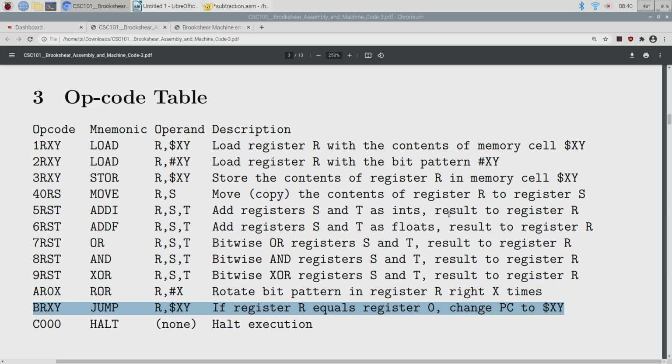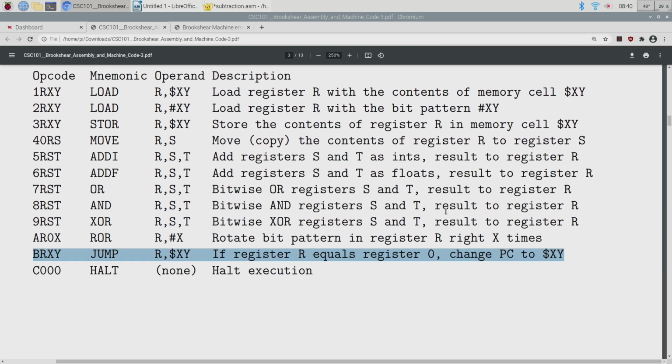This instruction is what makes this a computer as opposed to just a stupid calculator. It's the ability to make a decision and do one thing if one thing happens and something else otherwise.